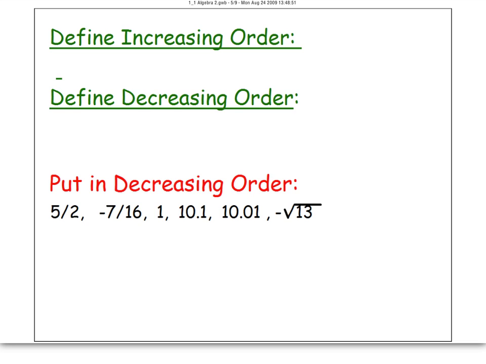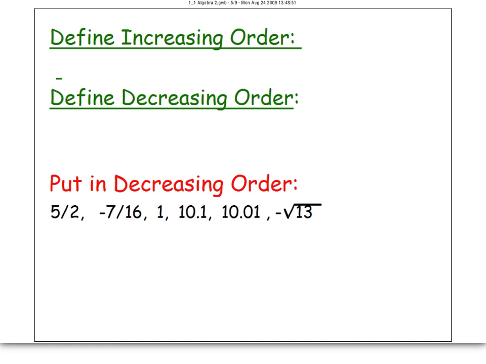So we're going to put 10.1 as first. I'm going to cross it out because I used it, and then put 10.01 next. Cross that out. The next largest number looks like it's going to be 2.5, which was originally 5/2. So I'm going to write that next. Then it looks like 1 is the next one.